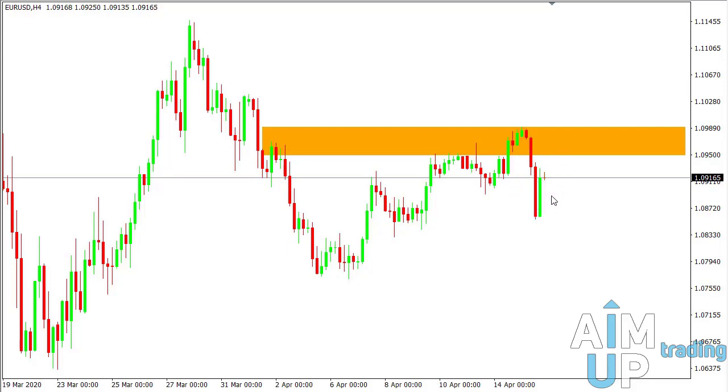And then the second one we opened was the second big bearish candle, that after it broke through this yellow zone that we drew, that was the moment that we opened our second trade. And we had two very nice and good trades, and now we're back on Euro USD.